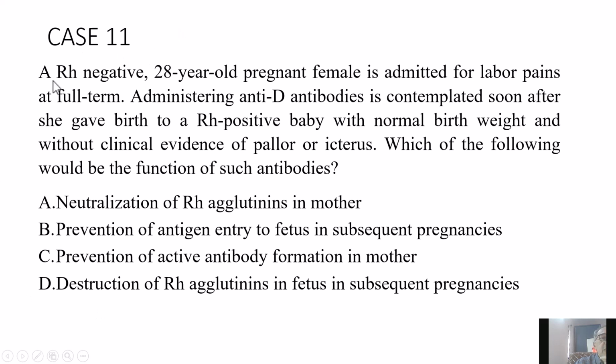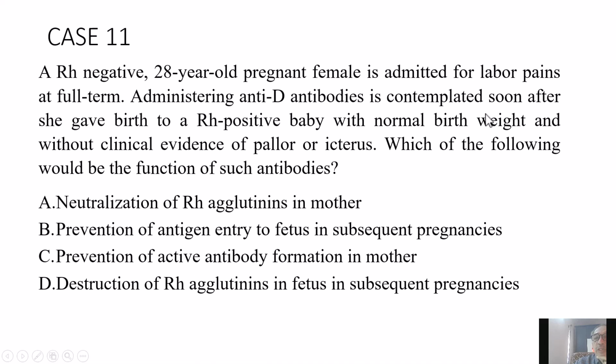Then you come to the last case, case 11. Rh negative. A 20-year-old pregnant female is admitted for labor pains at full term. Probably it is the first pregnancy.